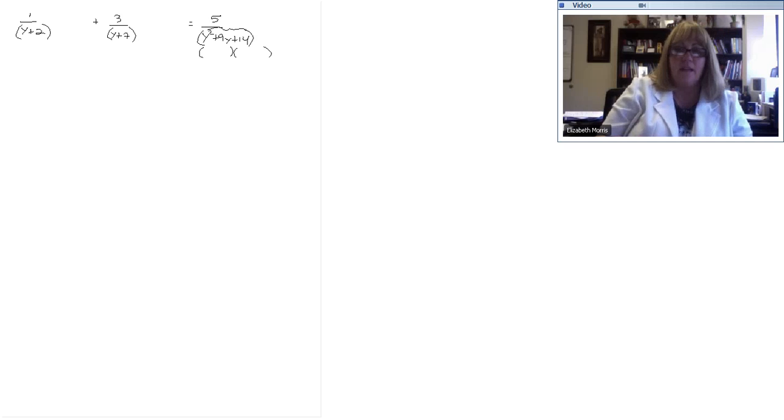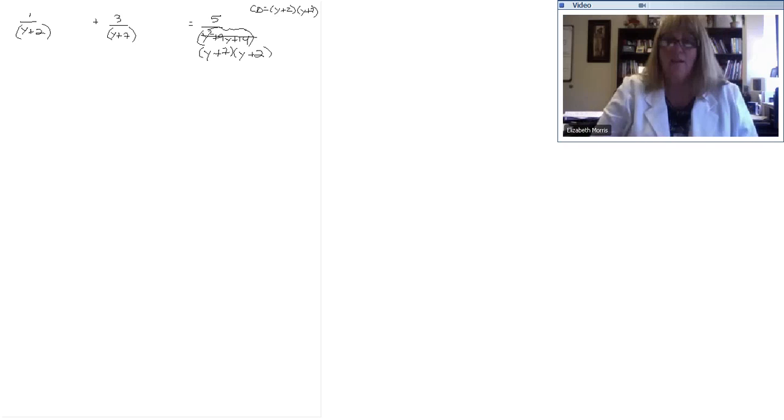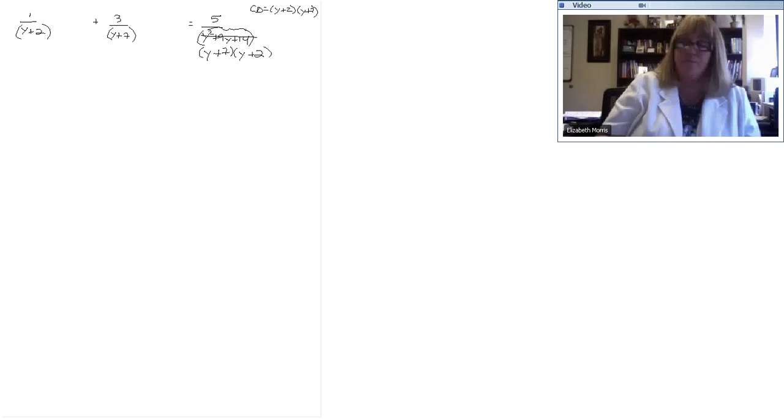I can change this to y and y. What multiples of 14 add up to 9? 7 and 2. So now look, our common denominator: we have a y plus 2 and a y plus 7, and the highest exponent is 1, so that's our common denominator.